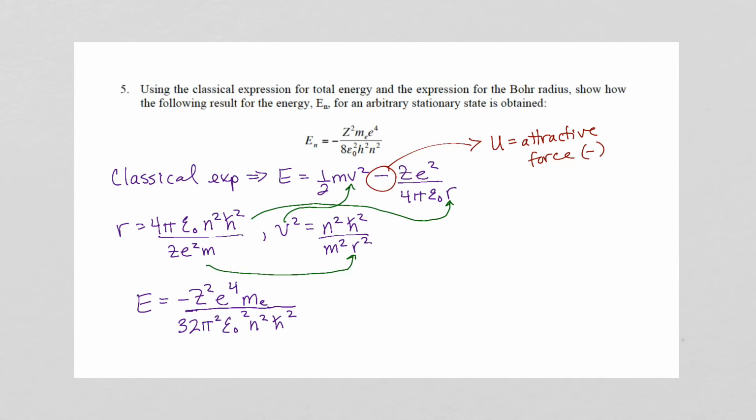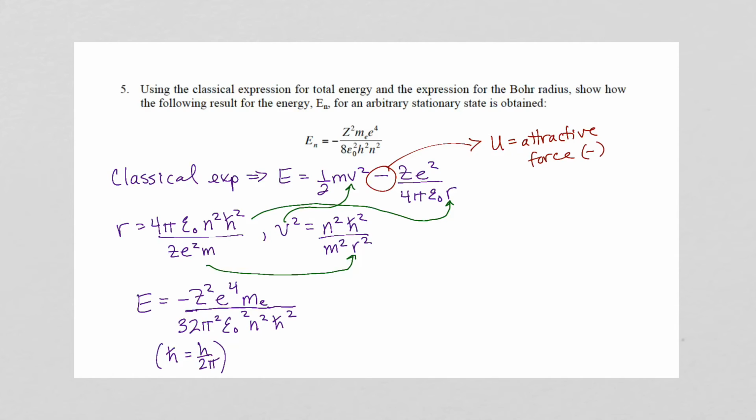Okay, so close but not quite there, because the expression that we're asked to obtain is in terms of h, not h bar. Tricky, tricky. Okay, so you just do your substitution in for h bar. Remember our conversion, h bar equals h over 2 pi.